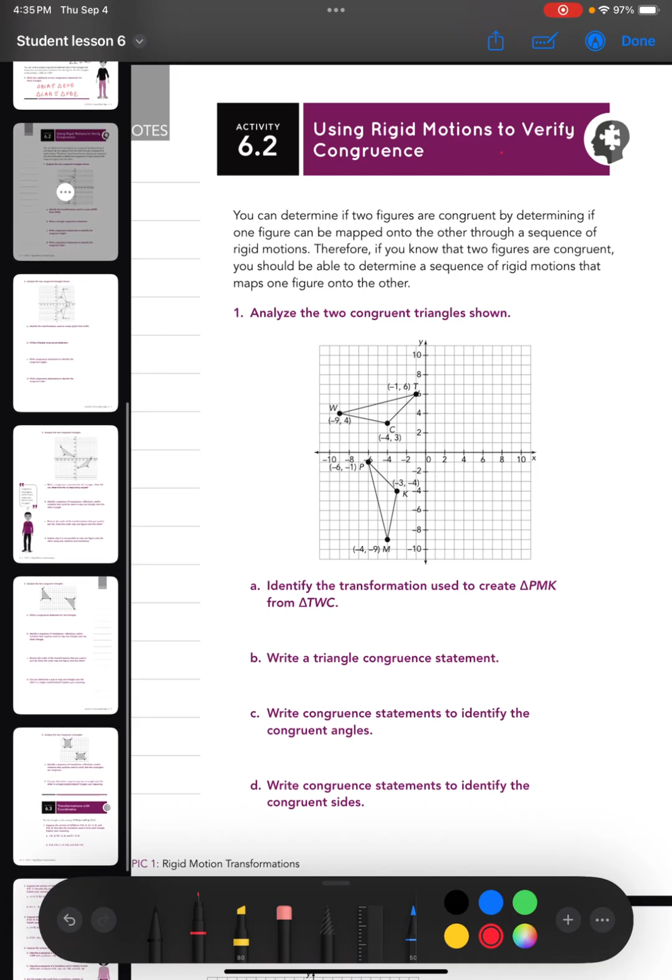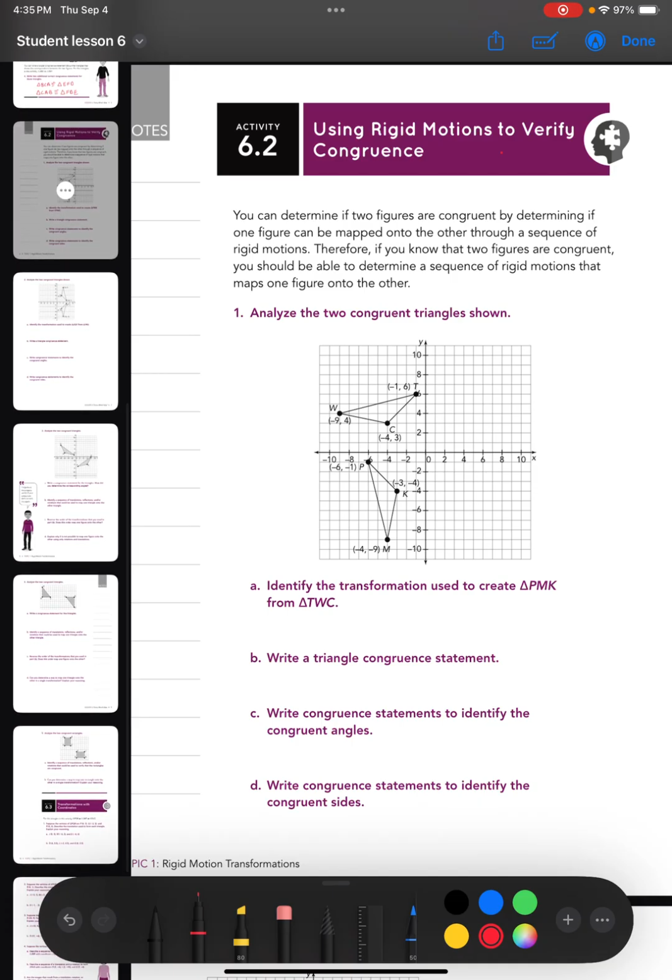All right, if we look at number one, we see the original figure, triangle WCT, or TWC as they identify it in question A, and we're trying to figure out how we got to that next figure. Your first hint about what might have happened is that the orientation of that triangle has turned. So for that to happen, we needed to have had a rotation.